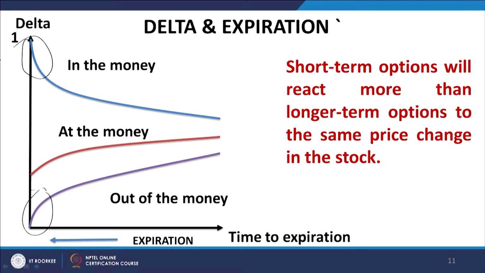At the money options show a relatively anomalous behavior, but the basic thing is that short term options react very significantly to changes in stock price compared to long term options. As you can see here, long term option movements are much less sensitive to changes in price or changes in the time to expiration compared to when the options are very close to maturity.